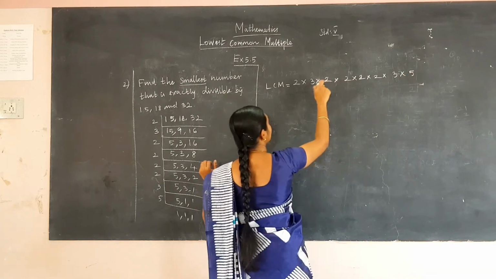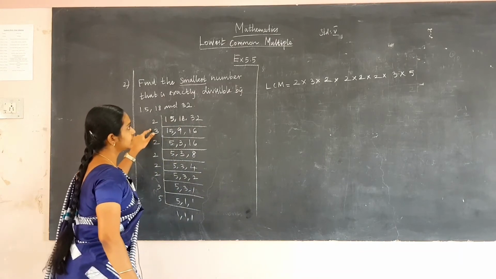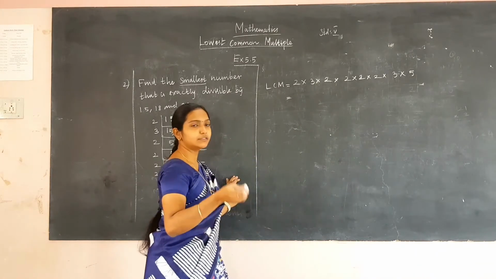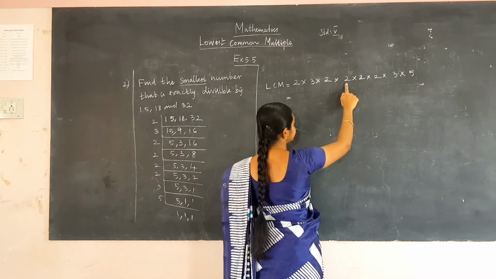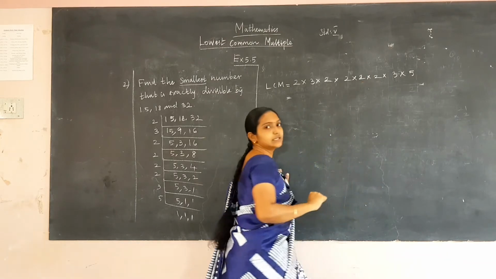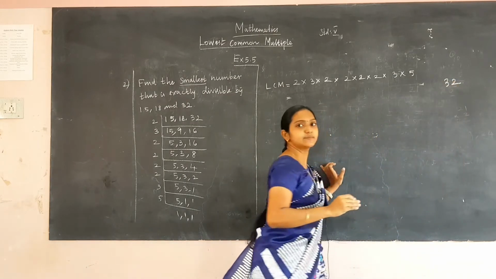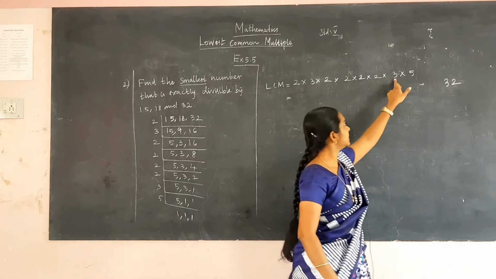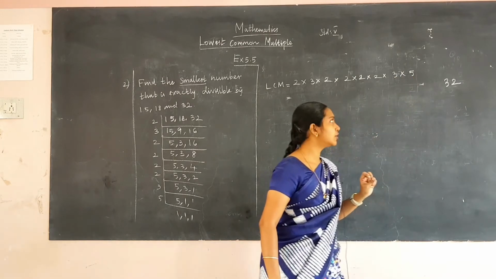That is five 2s, two 3s and one 5. Let us multiply all these 2s together. 2 into 2 is 4. 4 into 2 is 8. 8 into 2 is 16. 16 into 2 is 32. So write 32 on the side. I have multiplied all the 2s. Next I am going to multiply the 3s. 3 into 3 is 9. 9 into 5 is 45.